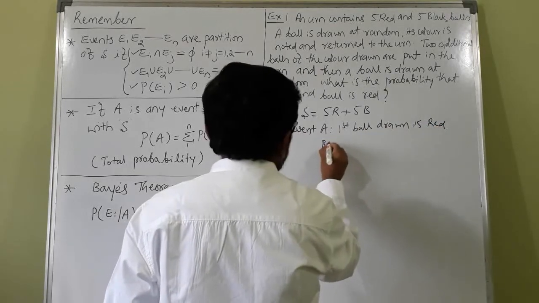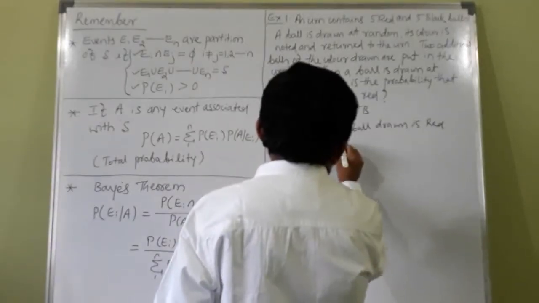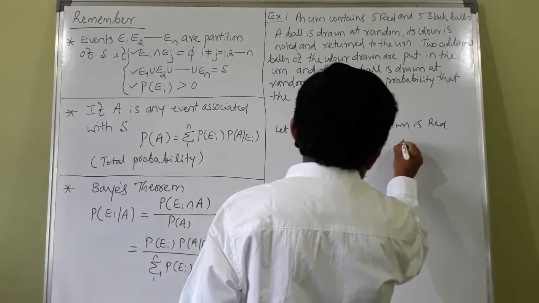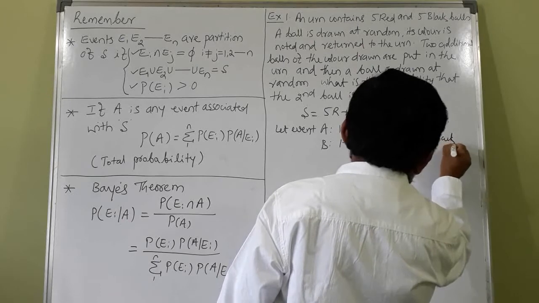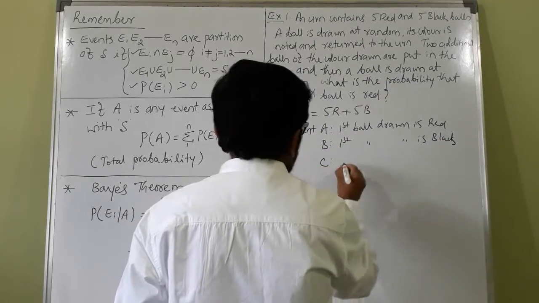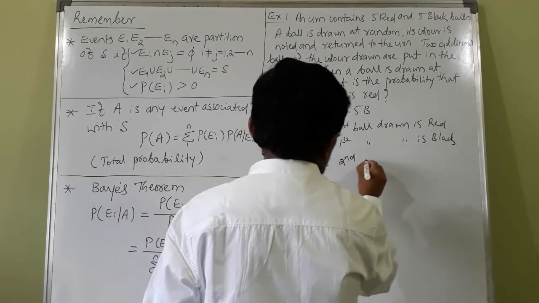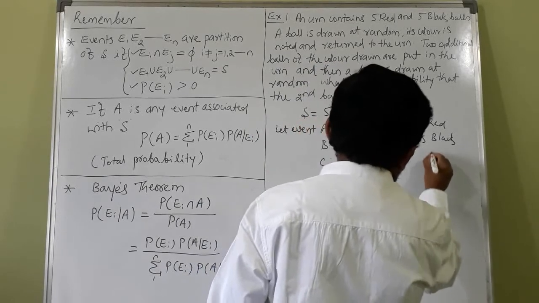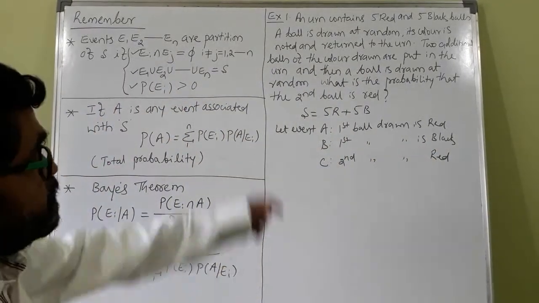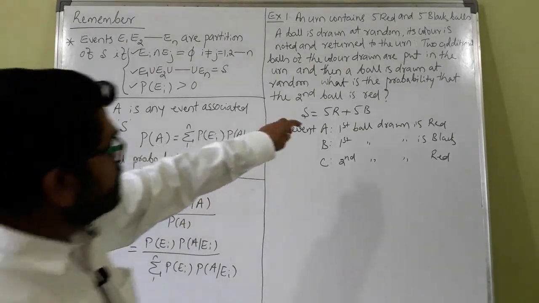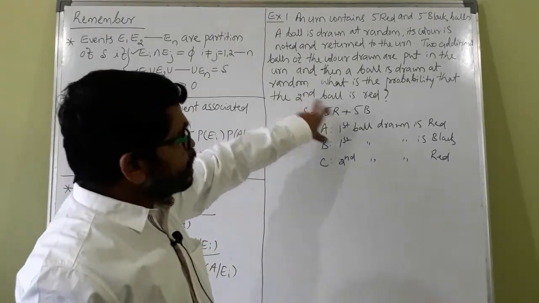B is first ball drawn is black. C is second ball drawn is red. Second ball drawn is black, you need not write that, because only the red ball is asked.